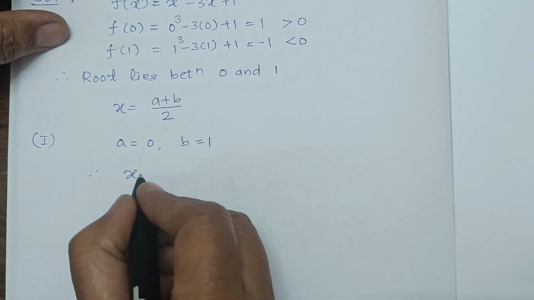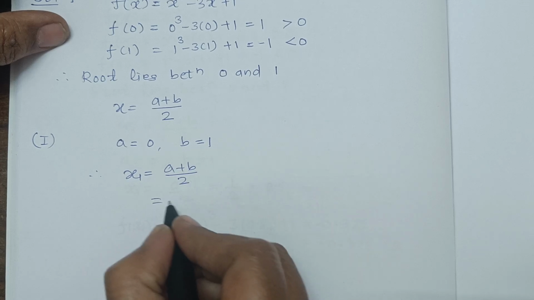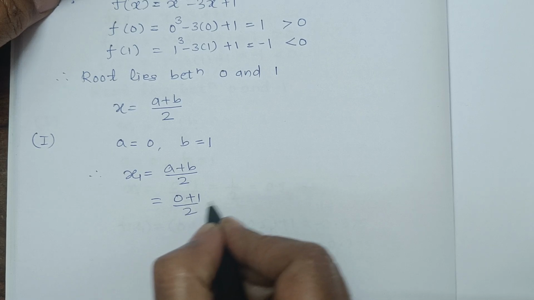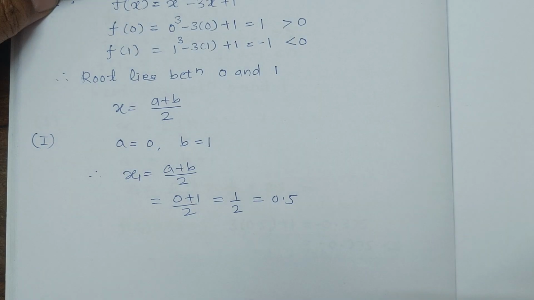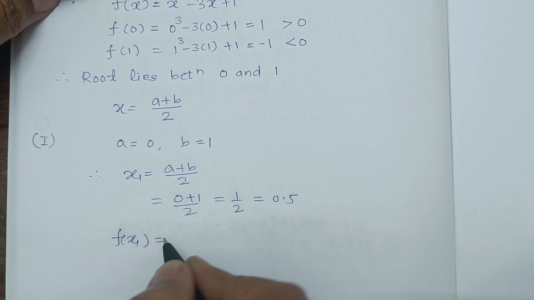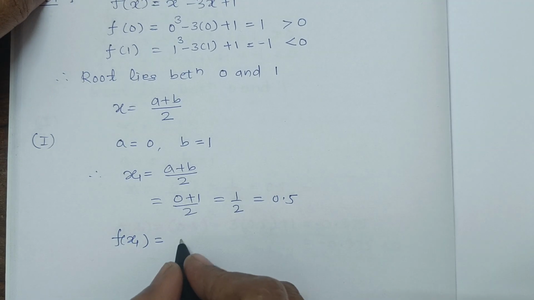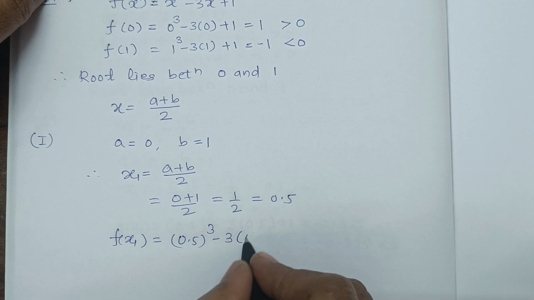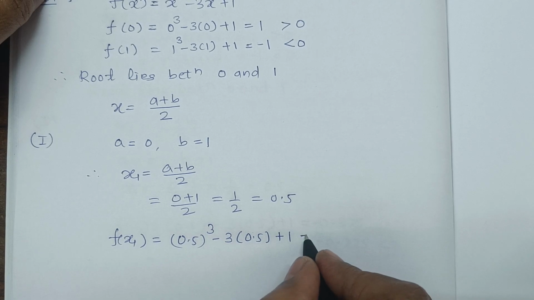Therefore x1 is equal to (a plus b) divided by 2 is equal to (0 plus 1) divided by 2, 1 by 2 is equal to 0.5. Now let us find f of x1, replacing x by 0.5.